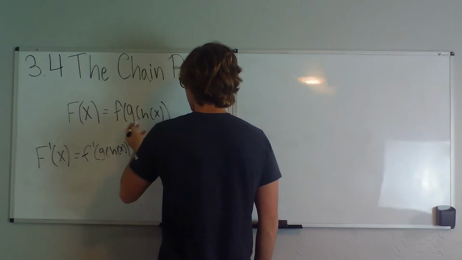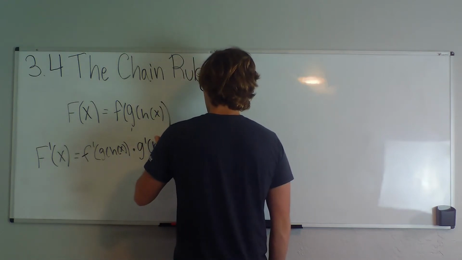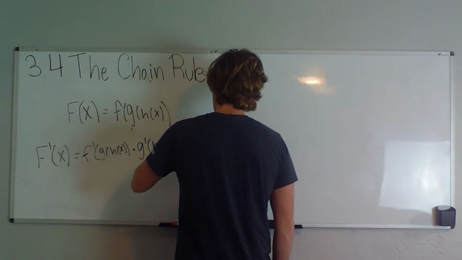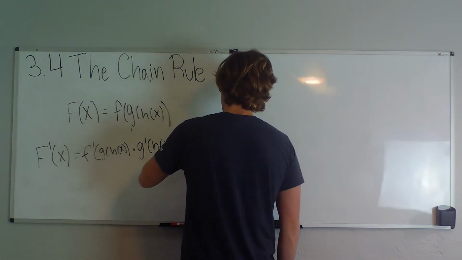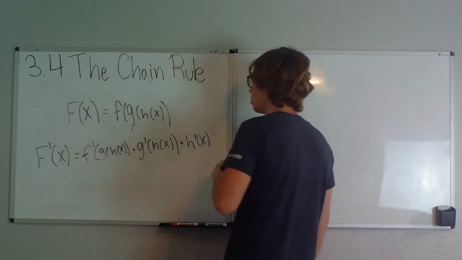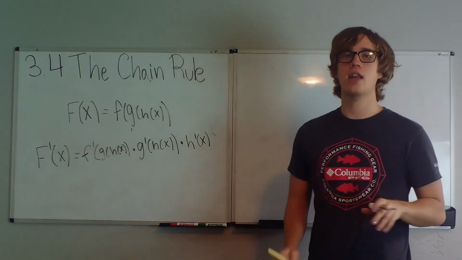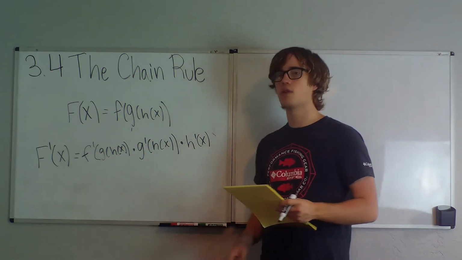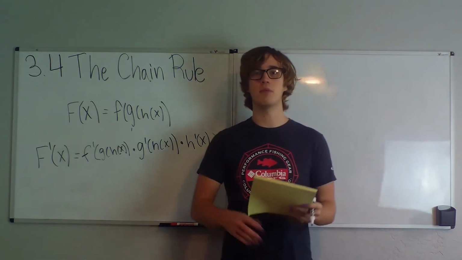And now, because there's only 3, it's times the derivative of the inner, h prime of x. So that's how you would do it for, say, 3 functions, and you just follow the pattern for 4 functions and beyond.